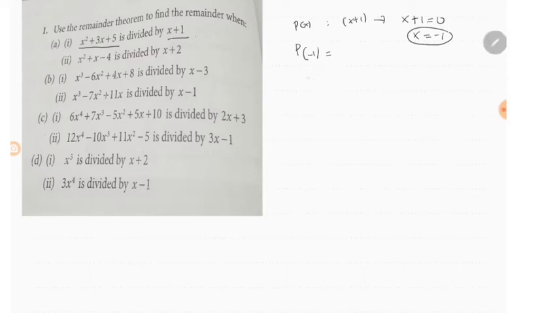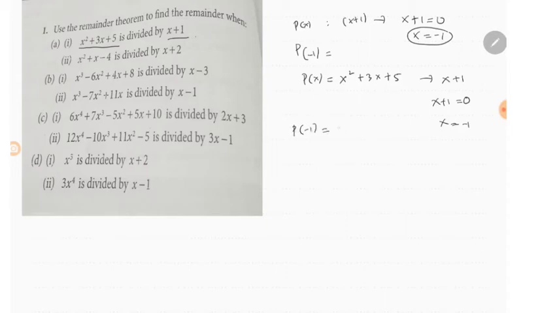For (i), our p(x) equals x squared plus 3x plus 5, right? It is divided by x plus 1. So by the remainder theorem, x plus 1 equals 0, then x equals negative 1. So negative 1, you substitute in p(x).